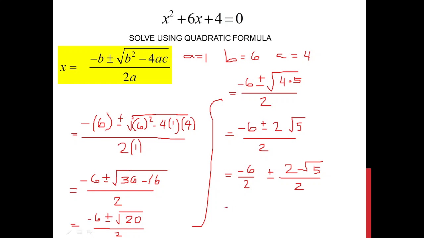This one can be simplified: negative 6 divided by 2 is negative 3. Bring down the plus and minus. 2 divided by 2 is 1, square root of 5, and that 1 becomes an imaginary number. So this is the value of x. You can just separate this one. I think we have the same value as our first solution using completing the square.